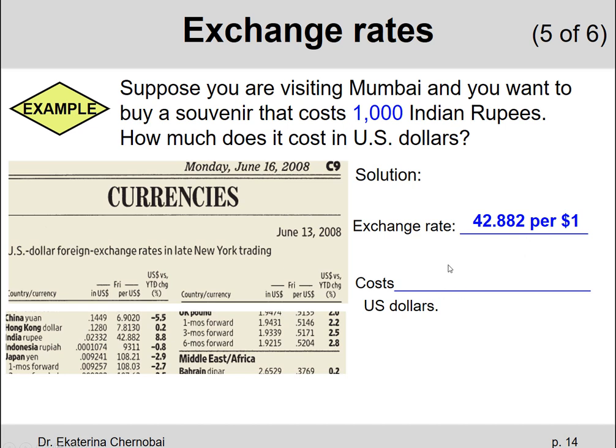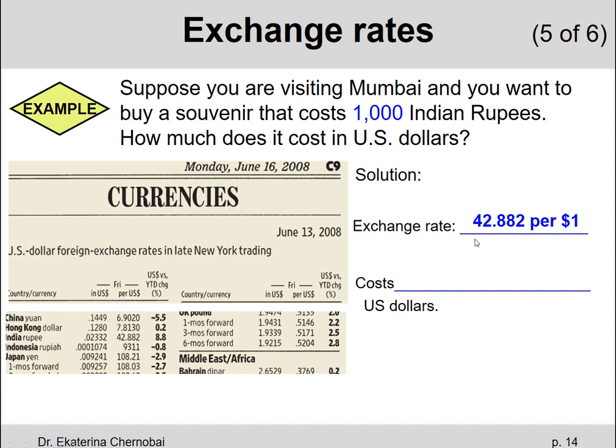Okay, how do you find the implied price in US dollars? Do we take 1,000 rupees and multiply by 42.82 like we did in the previous problem? Actually, no. Now we want to go back from the foreign currency amount to the US dollars, and everything becomes sort of reversed.